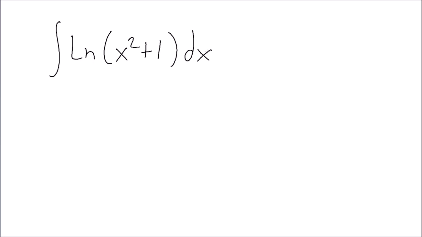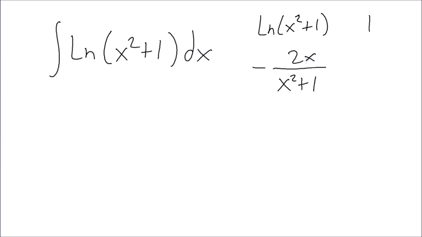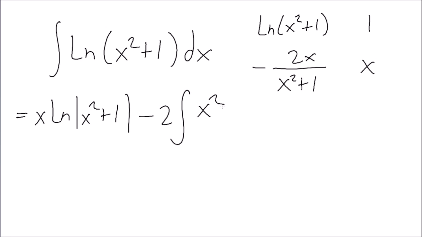Well, it's just an ln here, we would have to do integration by parts and derive ln of x squared plus 1. But then we would have to integrate 1 here. Okay, then this is going to be x squared plus 1, 2x, and this is going to be x. So we see that this is equal to x ln of x squared plus 1 minus 2 times the integral of x squared over x squared plus 1 dx.